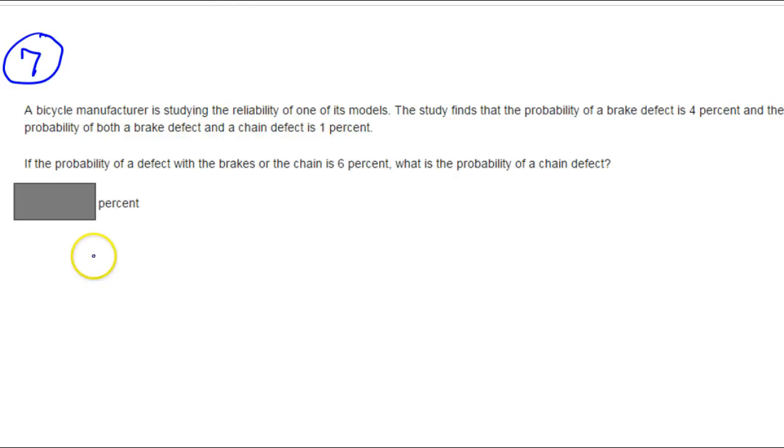So here's the formula for finding the probability of the event. We're talking about brake and chain.